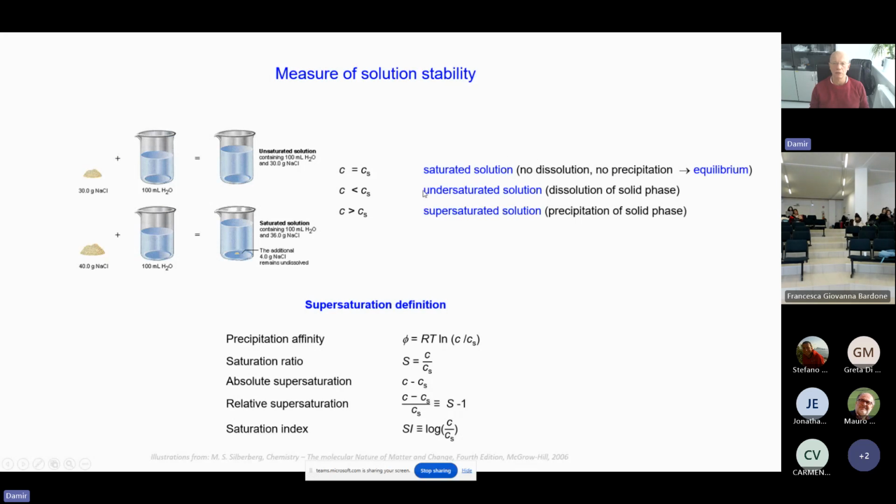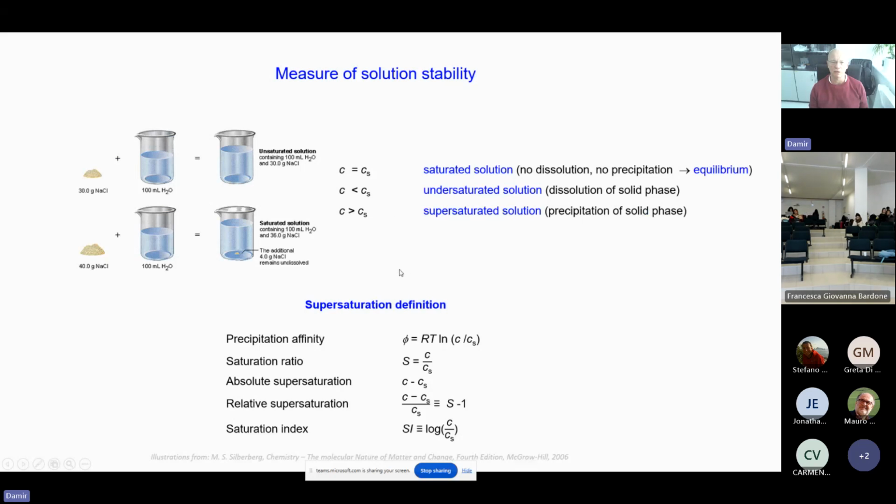On the other hand, in an undersaturated solution, shown in this example for sodium chloride, the concentration of ions in the solution is lower than the solubility. In such a system, the solid phase, if introduced, will be dissolved. And finally, in a supersaturated solution, precipitation of the solid phase can appear.